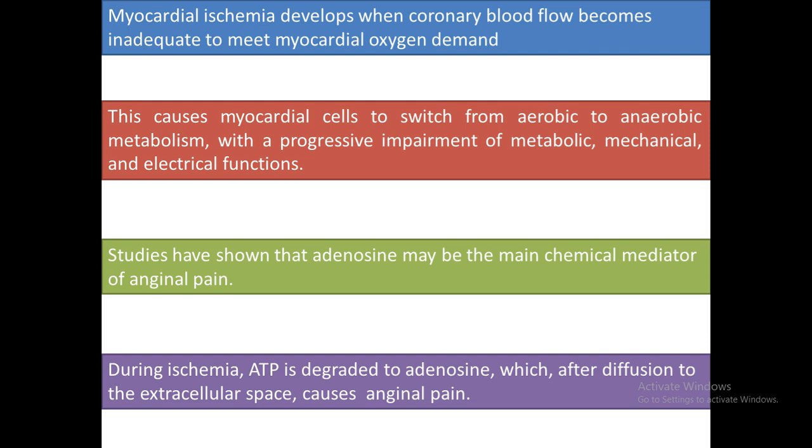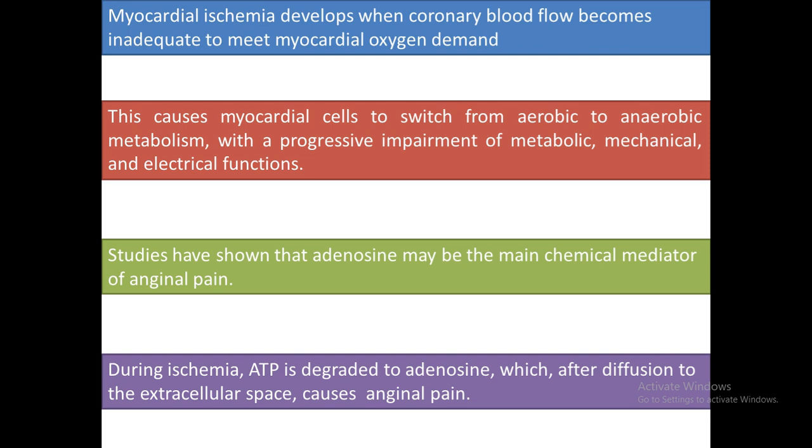Now you can see that myocardial ischemia develops when coronary blood flow becomes inadequate to meet the myocardial oxygen demand. In the picture you can see why coronary blood flow becomes inadequate: due to plaque formation, spasm, platelet aggregation, and thrombus formation. This causes myocardial cells to switch from aerobic to anaerobic metabolism with a progressive impairment of metabolic, mechanical and electrical function.